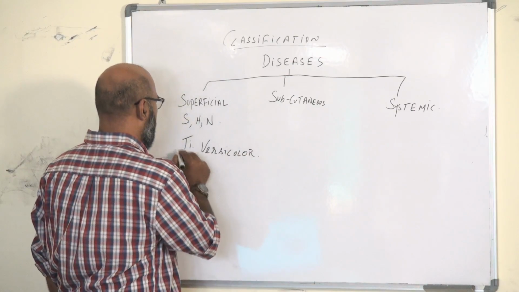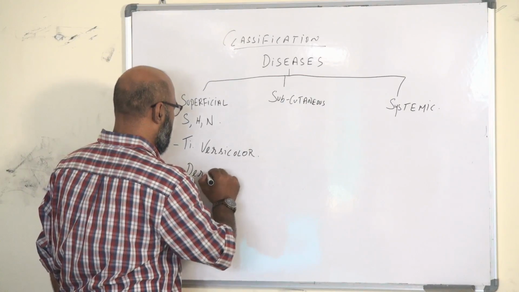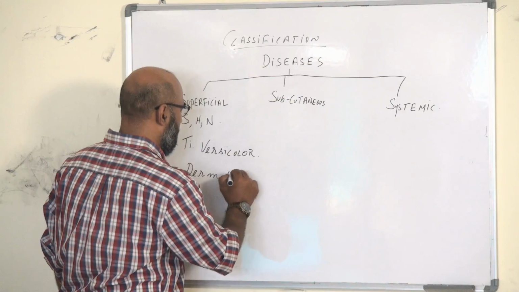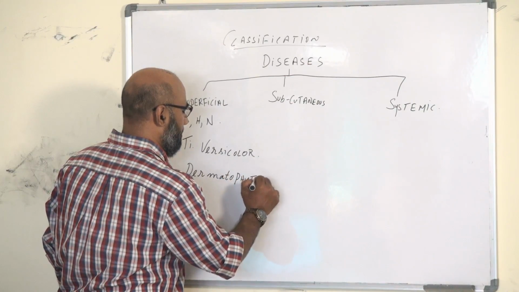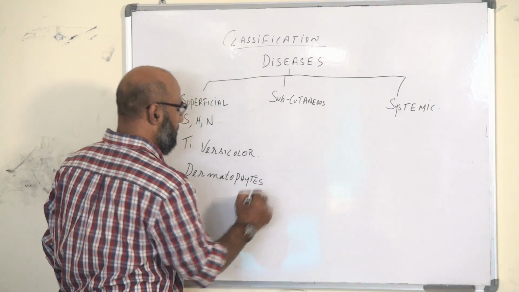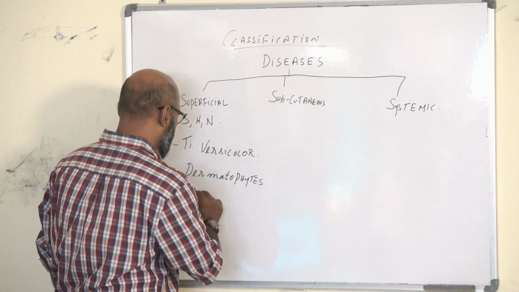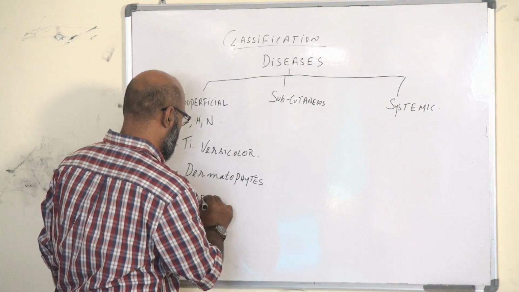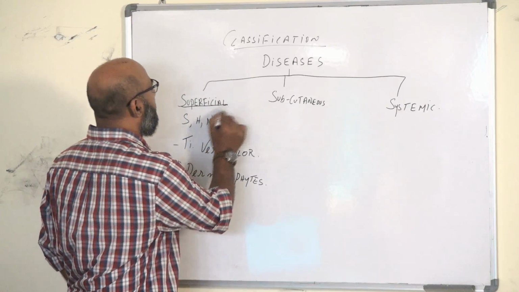Second is the very famous dermatophytes. And third is the Piedra. These are the examples of the superficial.